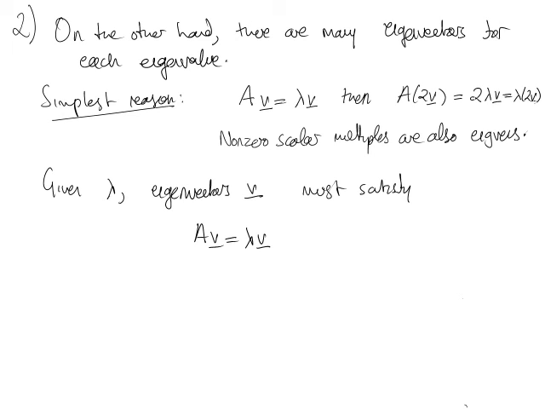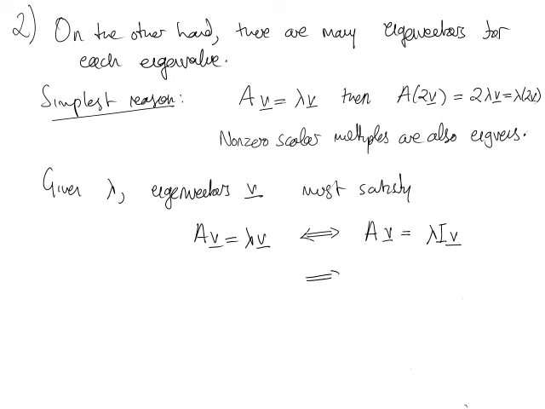Now I'm just going to observe that this is the same thing as saying that Av is the same as if I applied the linear transformation lambda times identity to v. Identity doesn't do anything, and scaling by lambda is the same as applying the linear transformation lambda times identity.